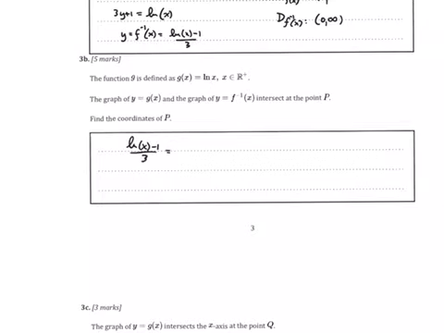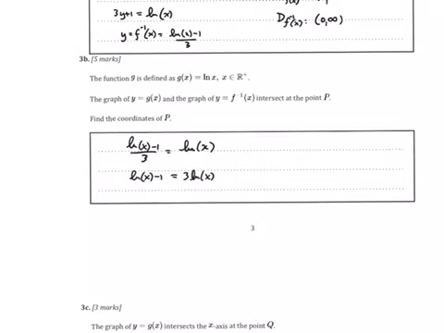I want to know where that intersects g of x, which is ln of x. Let's multiply both sides by 3, giving us ln of x minus 1 is equal to 3 ln of x.